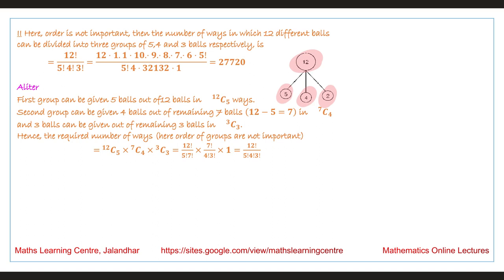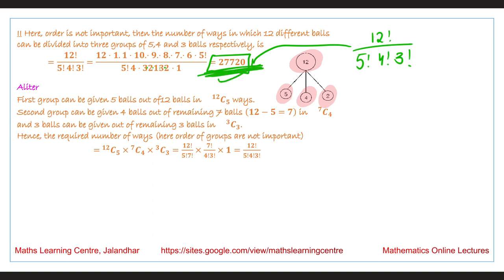So the number of options is 12 factorial divided by 5 factorial into 4 factorial into 3 factorial. If you solve this, the answer you obtain is 27720 ways. So there are these many ways in total.